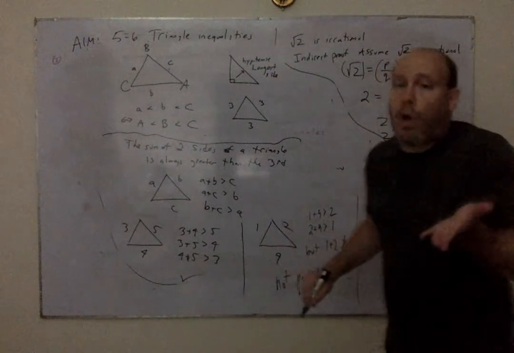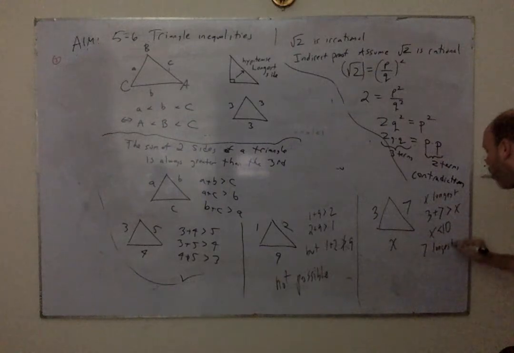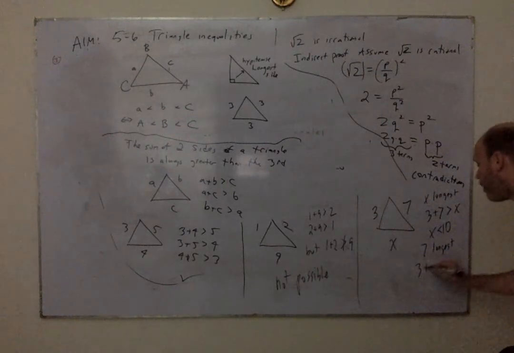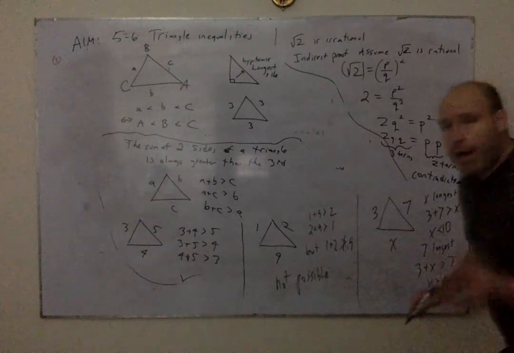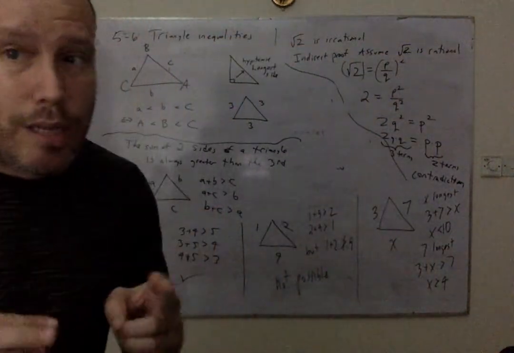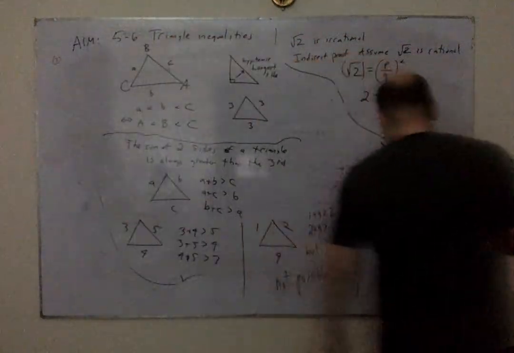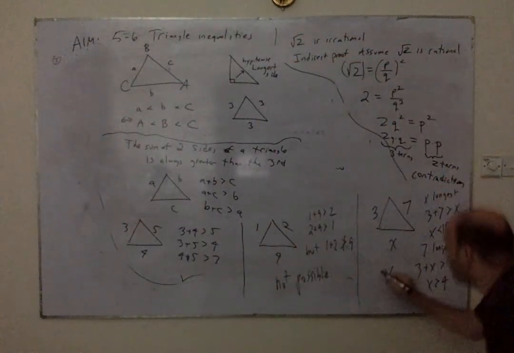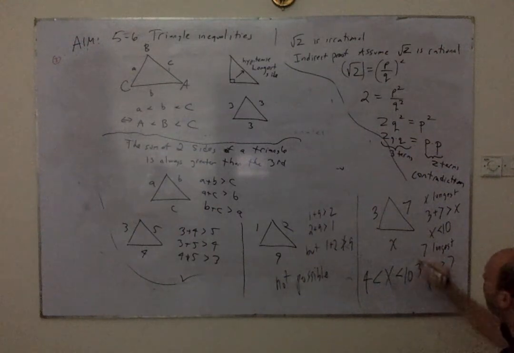Maybe 7 is the longest side. Well, that means that 3 plus x is greater than 7, or x is greater than 4. Therefore, we combine the inequalities, because we have a compound inequality. Two conditions must be met. x has to be greater than 4, but less than 10.